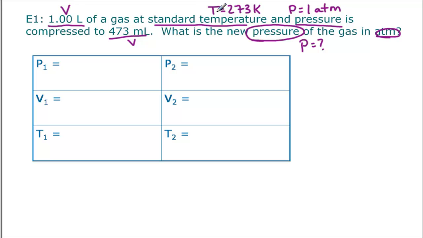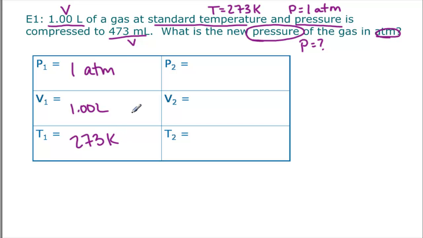So now let's start putting these variables together. Now you have to make sure you get the right volumes with the right temperature with the right pressure. So in this case, we're going to call 1 liter V1. And that 1 liter of gas is at a standard pressure, 1 ATM. It's also at standard temperature.